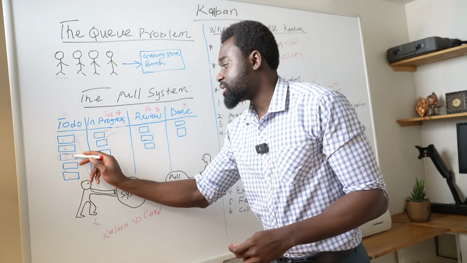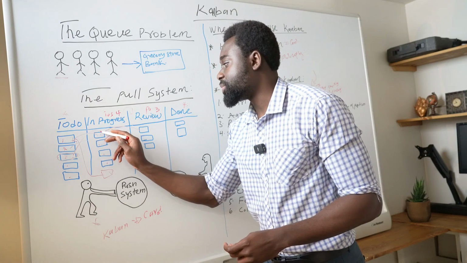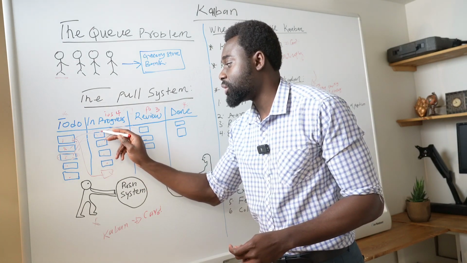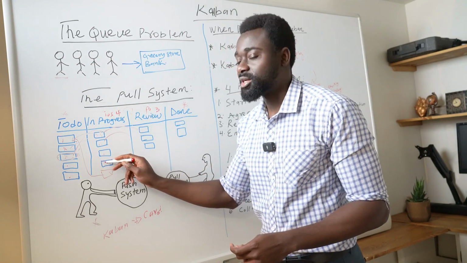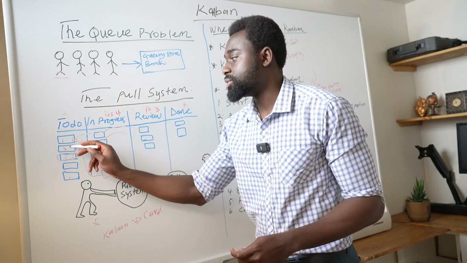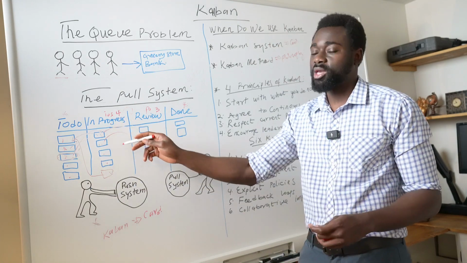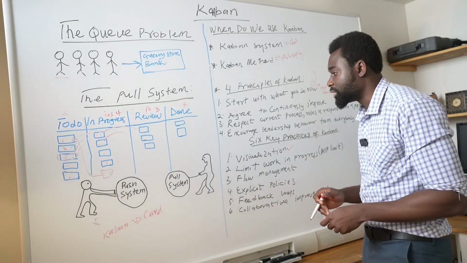Since this is a critical type of bug, we will have to bring this in as soon as possible. And once we bring this into the in progress to be worked on, we have to make sure we take another task here of the same capacity, of a low priority, and put it back into the to-do list. And so that's how we can go about it when we have such an exception.